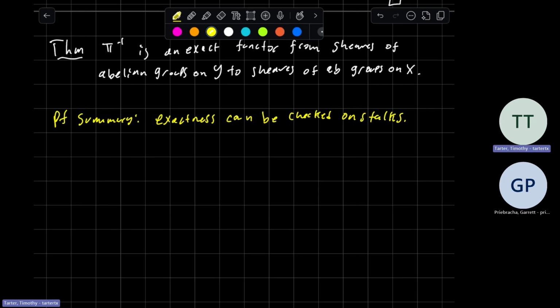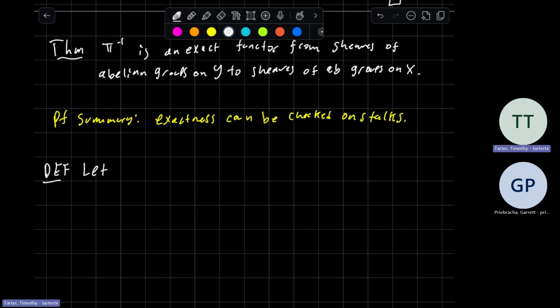So we have three big definitions that I want to get through. Definition one is the push-pull map.